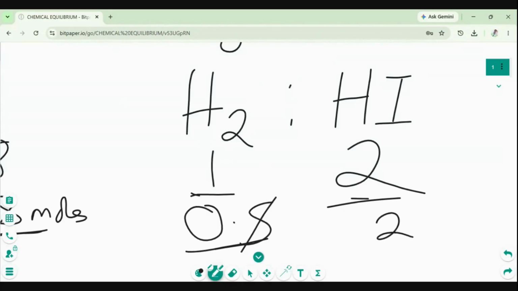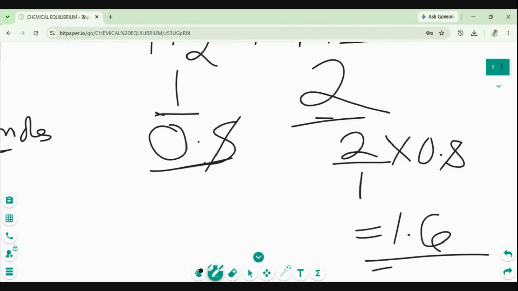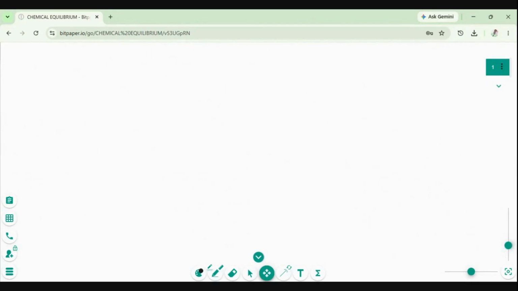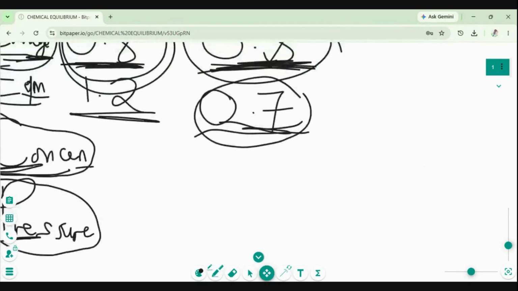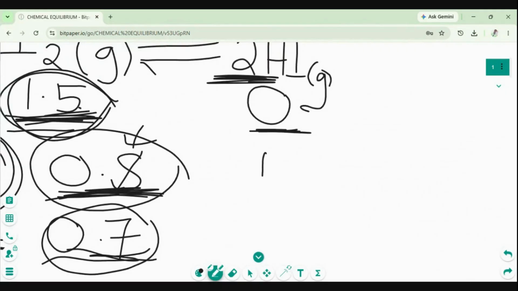It will form 2 over 1 times 0.8, which finally gives us 1.6 moles. Now, if we fill that in here, initially we had 0, now we have formed 1.6, so finally we shall find ourselves with 1.6 moles.